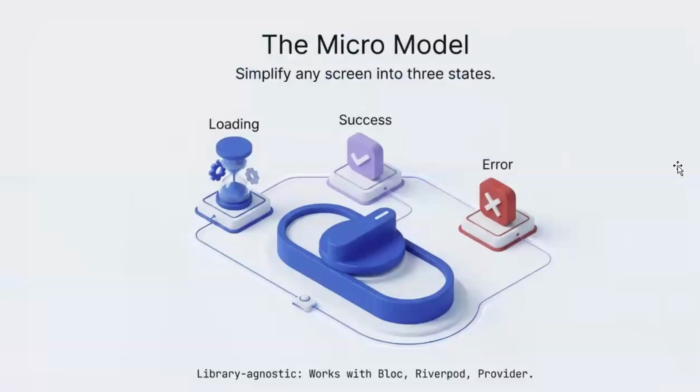You simplify your screen so that when you are making a call, it has a loading state where we are waiting for the call to complete, and then it is either success or it throws the error. So you should also factor this in.